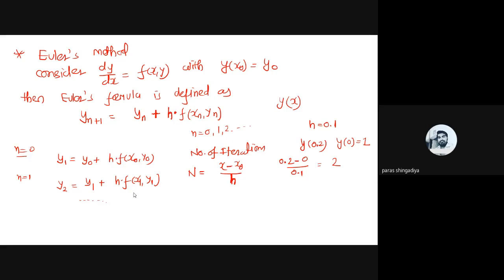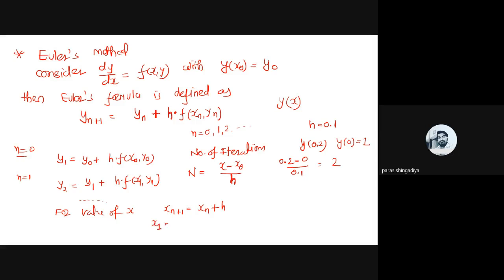Because x1 is not given in any example, in any method. So how can we find x1? For the values of x, we'll consider this formula: xn plus 1 is equal to xn plus h, for n is equal to 0, 1, 2, 3, 4 and so on.